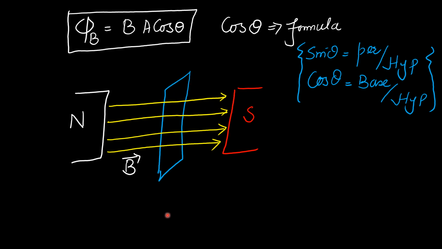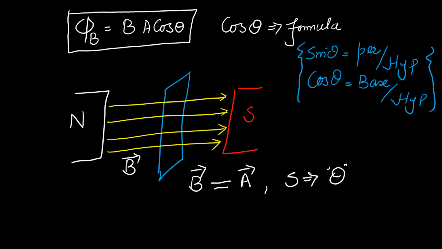And please keep in mind, dear student, that the magnetic field lines are not always perpendicular, and not always parallel, to the area vector A. They pass through the surface at a different angle theta.